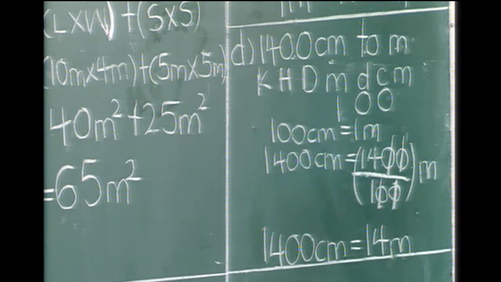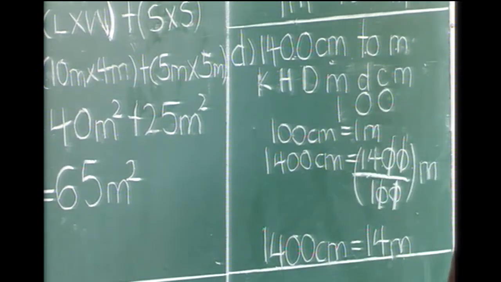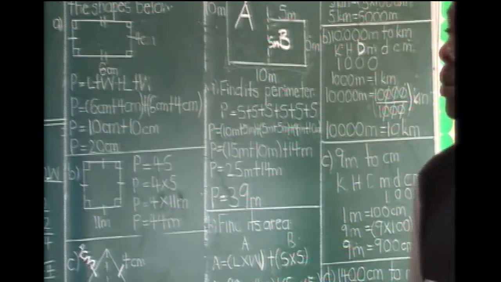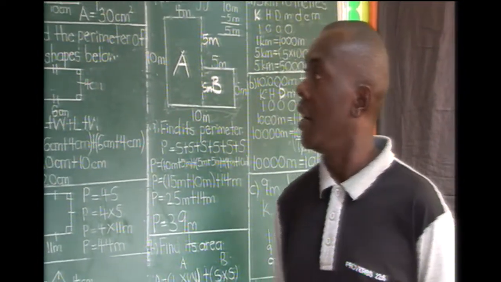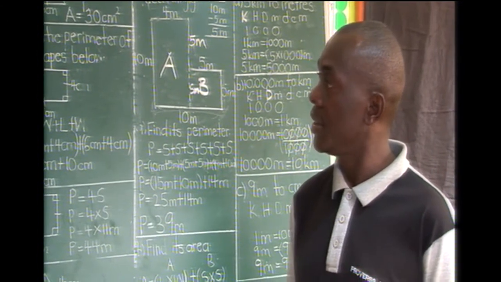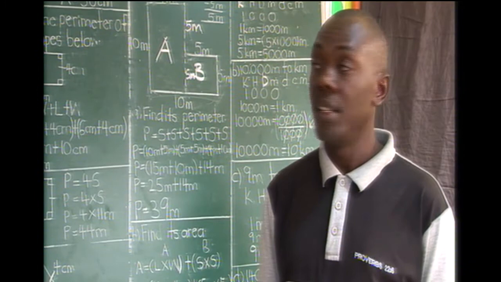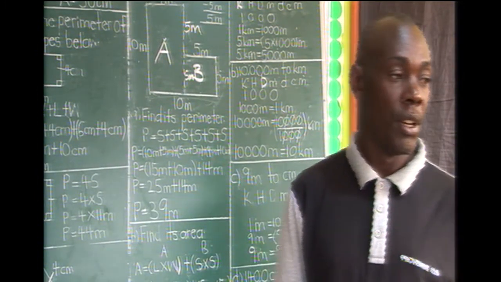So doing, you'll be able to answer every number that is given to you about length at your level. So Teacher Katimbo Richard has taught you this topic, length, mass, and capacity. In the next lesson, we shall look at mass and capacity, for length has been done.